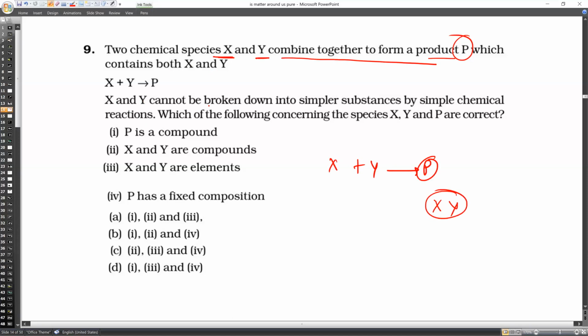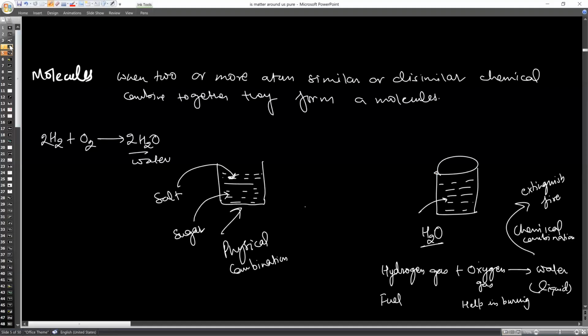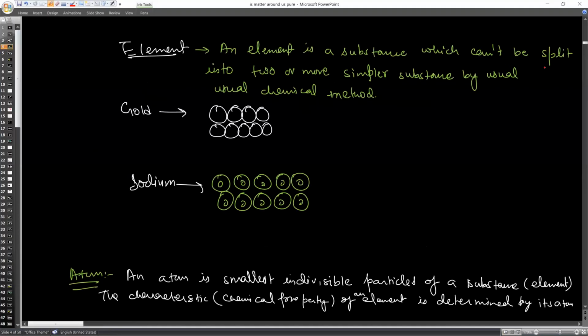Now X and Y cannot be simply broken into simpler substances. What does it mean? It means that they are elements, because in the definition we have discussed that elements are substances that cannot be split into two or more simpler substances.